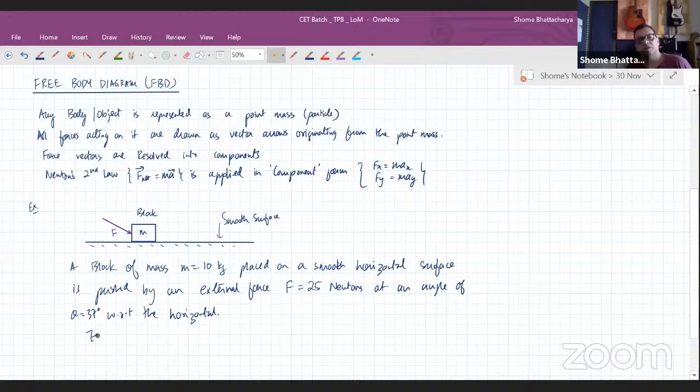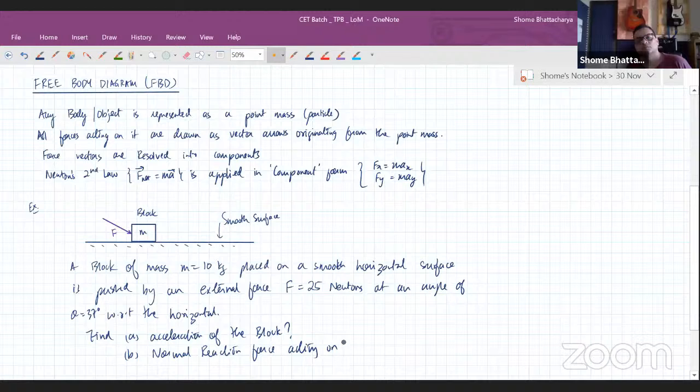So you want to find the acceleration of the block and the normal reaction force acting on it. Okay. We'll take the value of g as 10 meters per second square. Okay. So just note down this question and we'll discuss about it next.